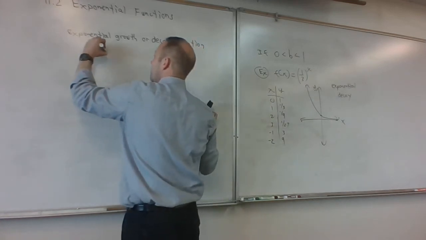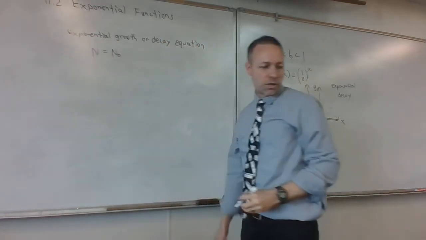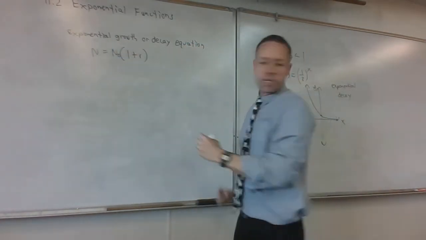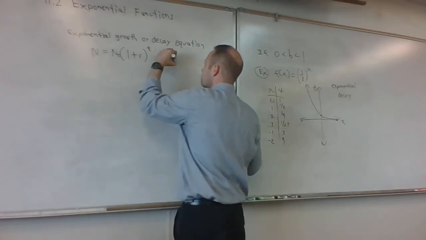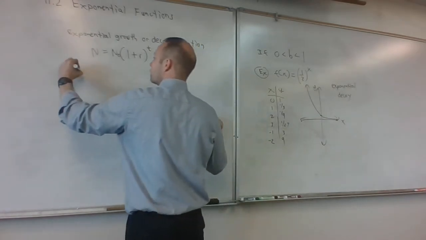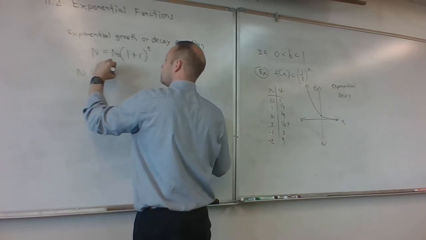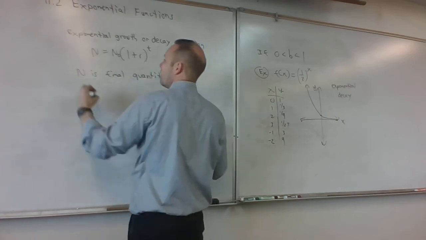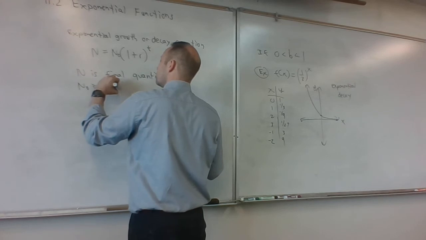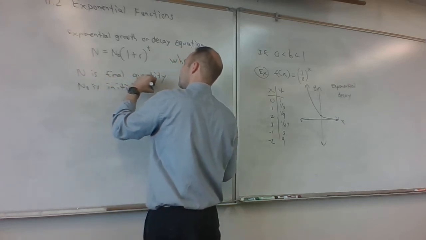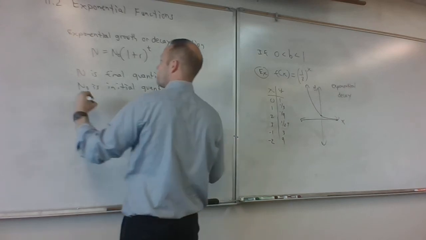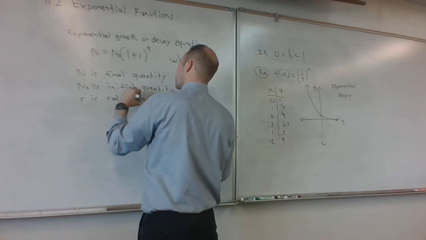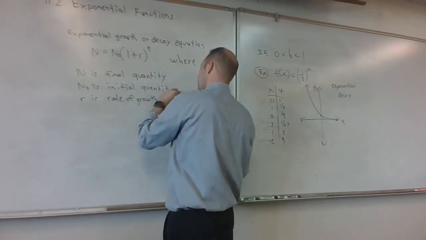We have N equals N naught, or N sub 0, times (1 plus r) to the t, where N is the final quantity. N sub 0 is the initial quantity. R is the rate of growth as a decimal.